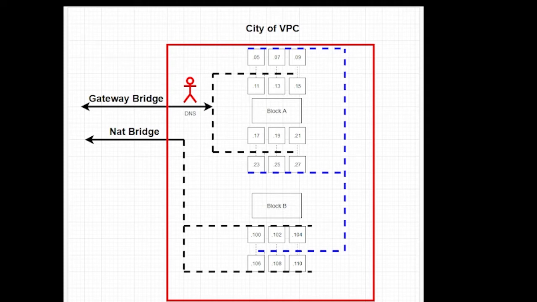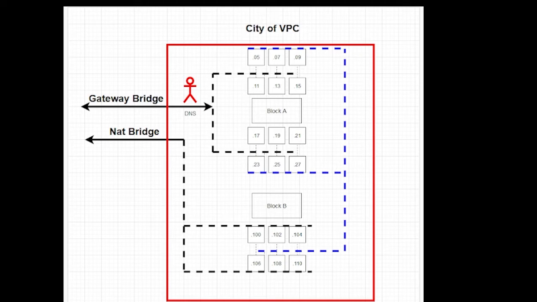DNS will say, "Mr. Z is located at address 5." So that visitor knows Mr. Z lives at 5, and they'll go to .05 because that's his house, for example, in block A.